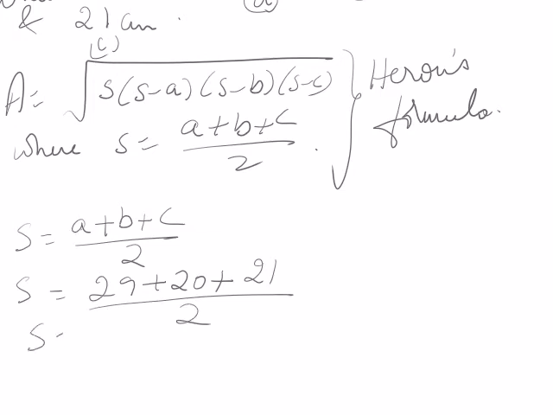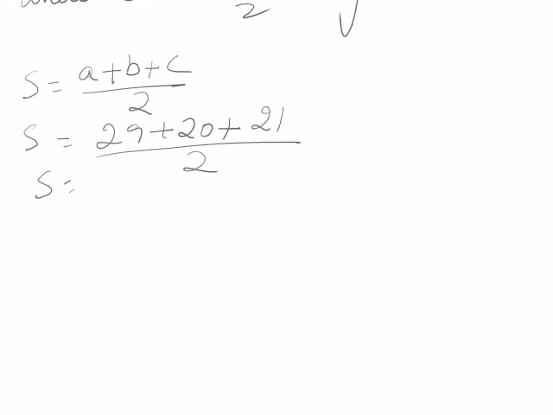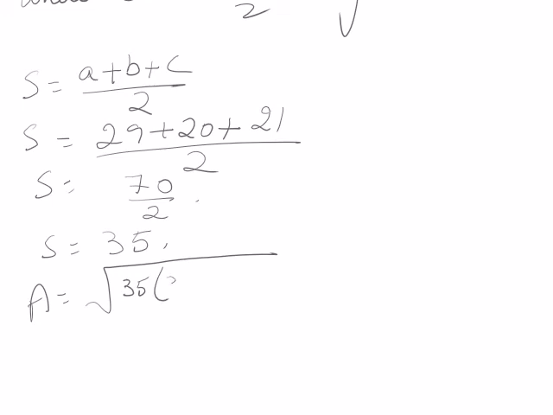So S is equal to 9 plus 1, 10, 1 carried over, 3, 5, 7, 70 upon 2. So S is equal to 35. So now the formula, area is equal to square root of S into, that is 35 into S minus A.